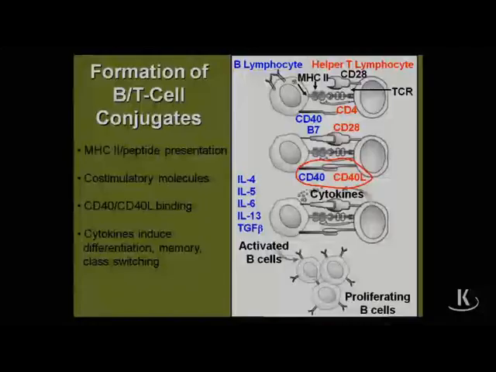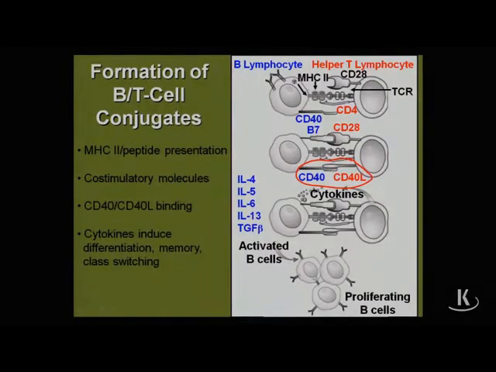So the T cell gives the B cell some cytokines, and you can see a list of different cytokines here. Depending on the cytokines the B cell receives from the T cell, it will know to class switch from IgM into either IgA, IgG, or IgE. Okay, so that is how that conjugate forms.